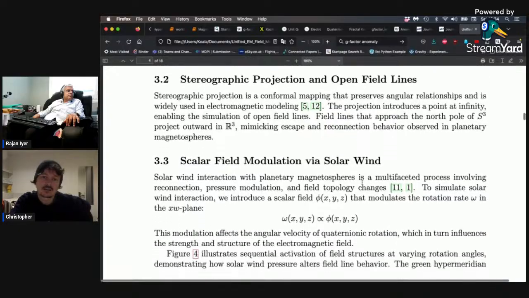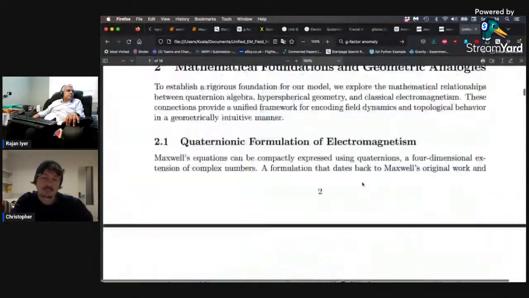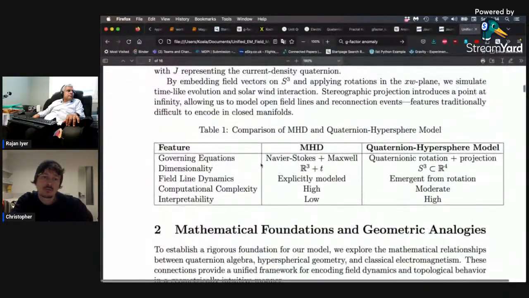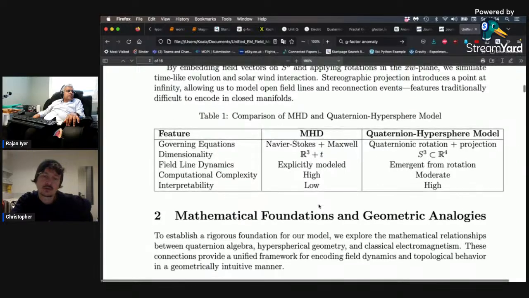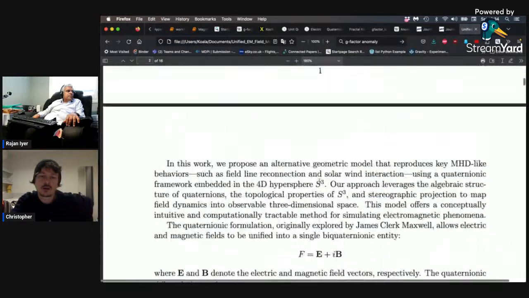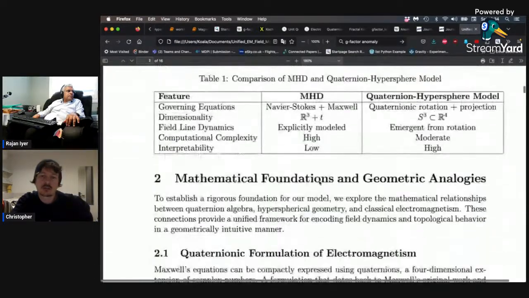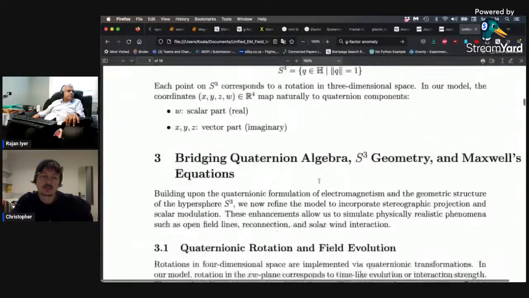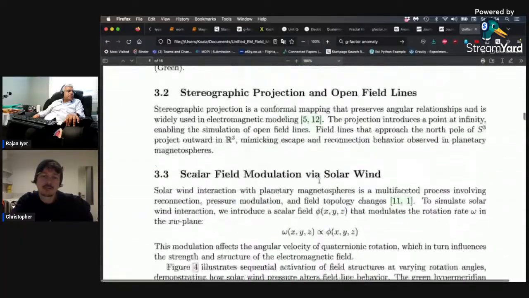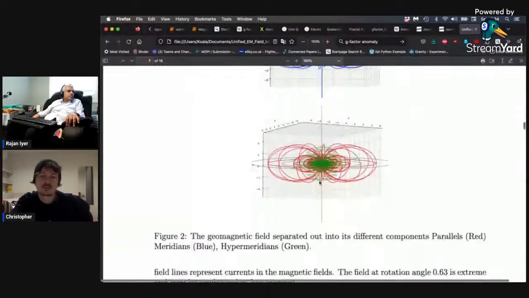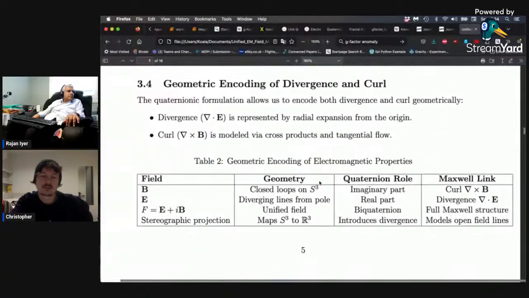And so this paper details how we might relate the quaternion hyperspace model to, well, more so how we would relate it to Maxwell's equations, and just show that the two are linked. So there we go.